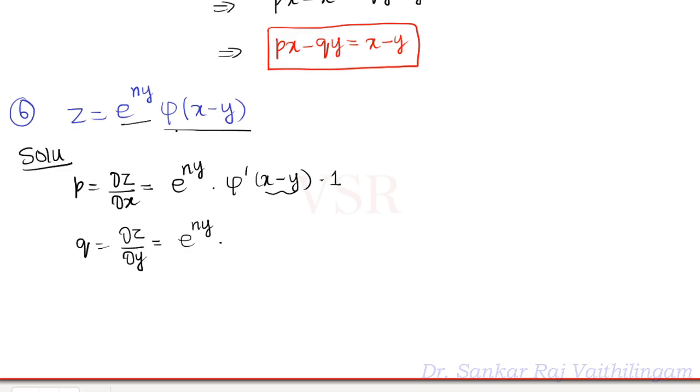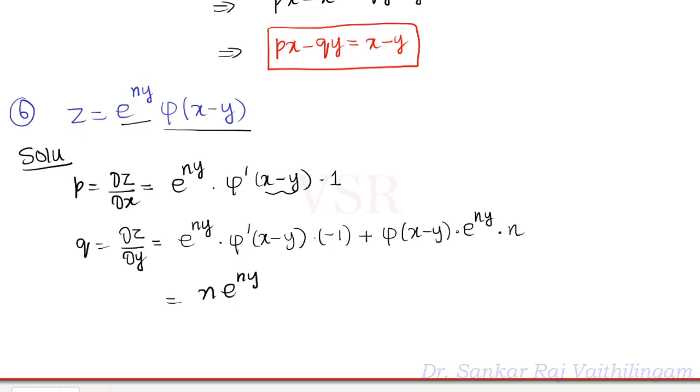That is phi dash of x minus y into y பொறுத்து டிஃபரன்ஷியேட் பண்ணும்போது we have this is minus 1, plus phi of x minus y into e to the power ny இதை டிஃபரன்ஷியேட் பண்ணும்போது we'll have n. So n into e to the power ny into phi of x minus y, plus minus, e to the power ny into phi dash of x minus y.